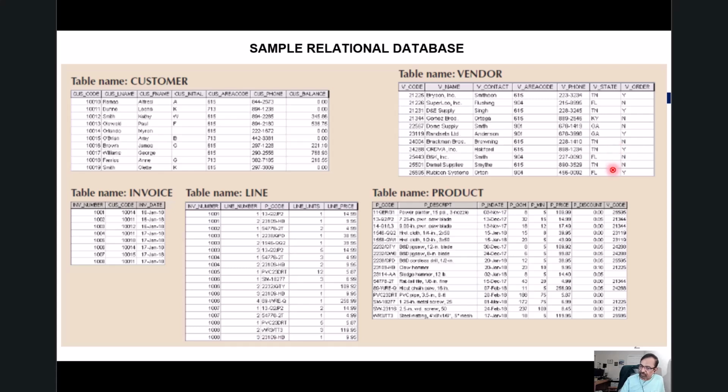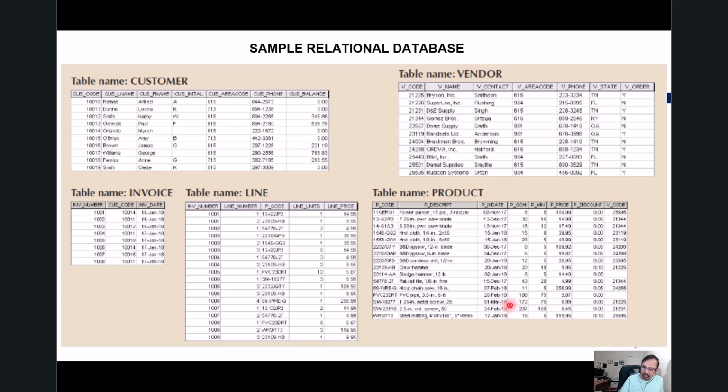So there are 5 vendors from Tennessee. If I ask, please tell me who are all my vendors from Tennessee, I'm basically talking about extracting a few rows. In my previous example, we extracted one column from the table. Here we're extracting a few rows from the table. That's the simplest kind of extraction, extraction from one table.